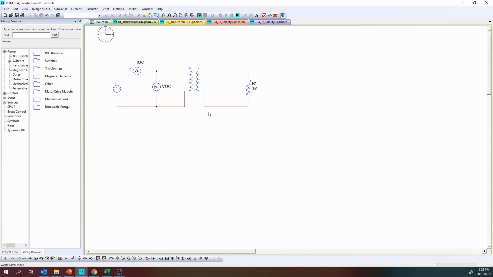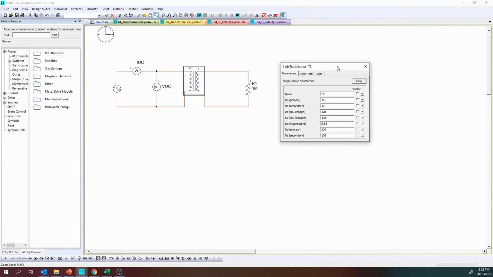Sometimes you need to do crazy things like this to be able to simulate the circuit or the device. So you're going to simulate this and collect IOC and VOC. Everybody is going to get a different set of values, because when you go to the spreadsheet and pick your group number, you're going to have to change the parameters inside the model. Let me bring the model window here.